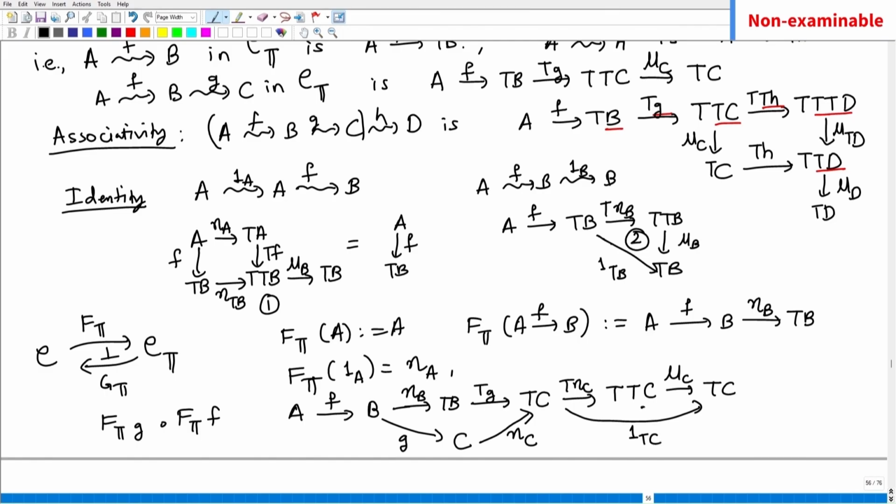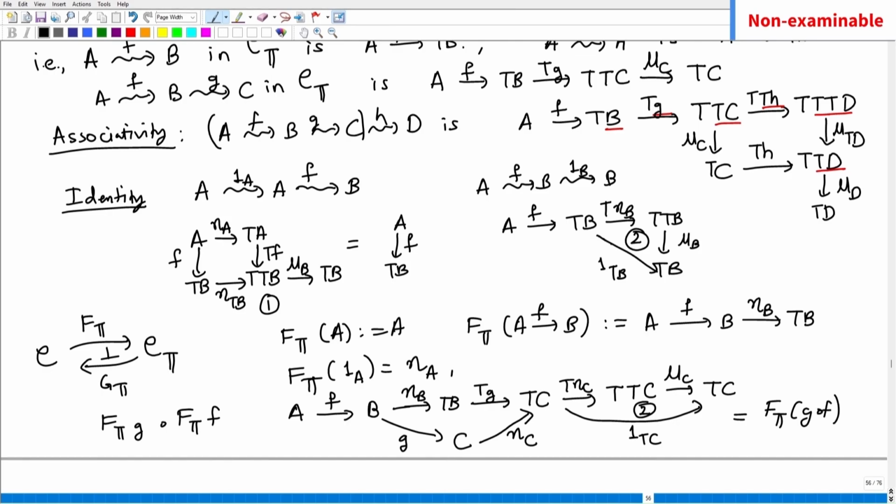This is diagram 2. Then this is GF composed with eta C. Can you see that? GF composed with eta C at the bottom. Follow this, and then the rest is identity, and that is precisely FT of GF.